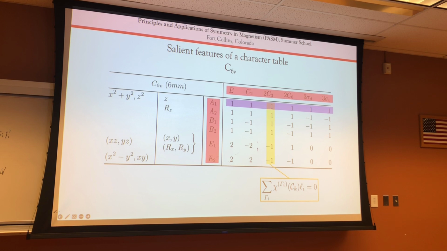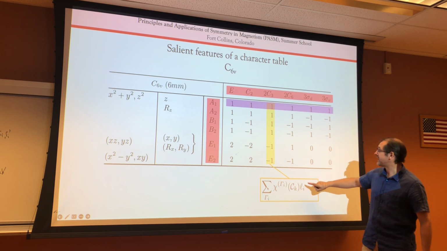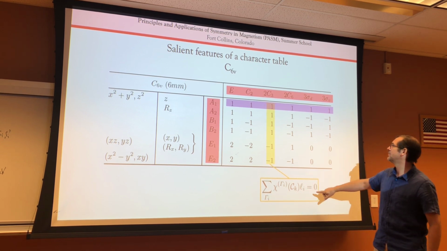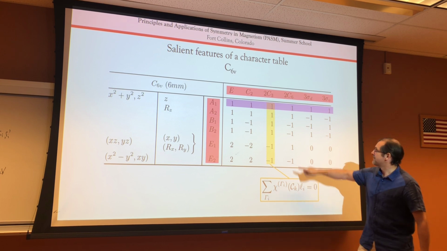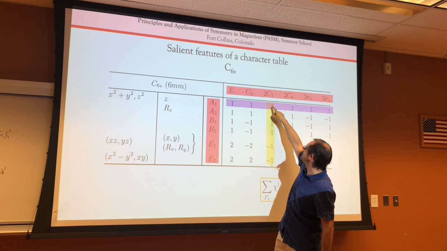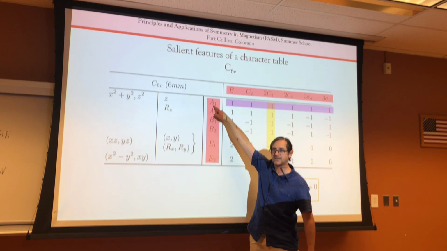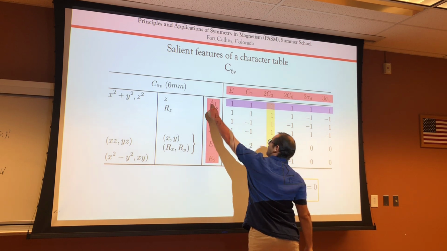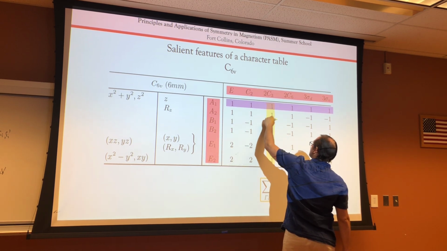Now let's look at this particular column here. What you see is that we have this formula here. So the character times the dimensionality, the sum over the product between the character and the dimensionality, is 0. So dimension 1, 1, 1, 1, 1, 1, 1, 1.